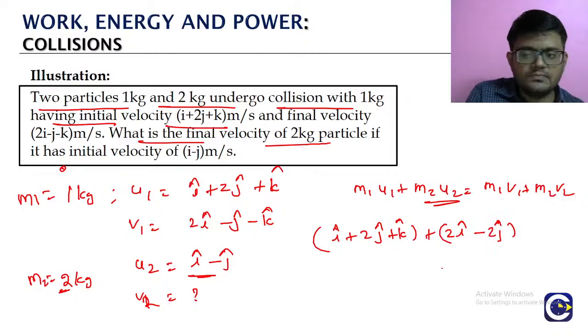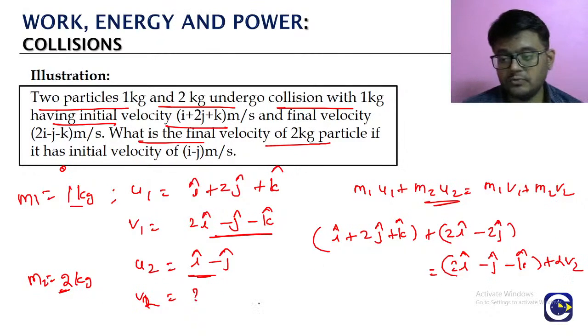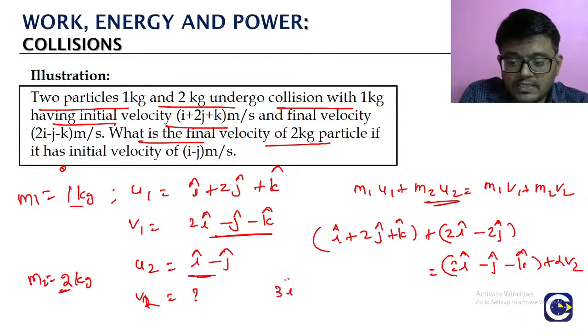This is equal to the right-hand side: m1 v1, so 1 into 2i minus j minus k, plus m2 v2, which is 2 times v2. Now, i plus 2i is 3i, 2j minus 2j cancels, plus k.